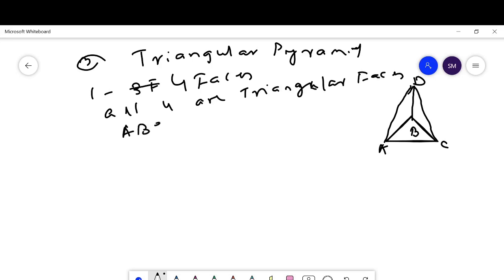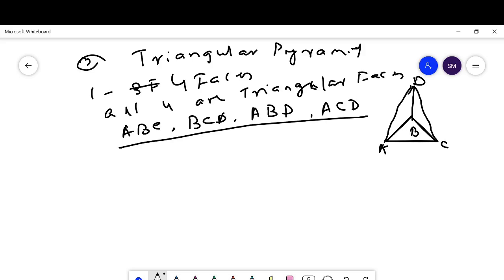The triangles are A, B, C, B, C, D, A, B, D, and A, C, D. Then how many vertices are there?